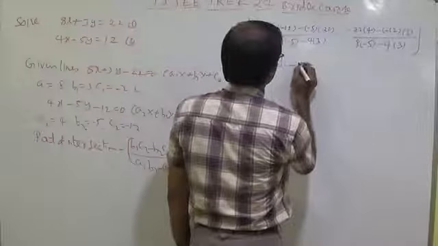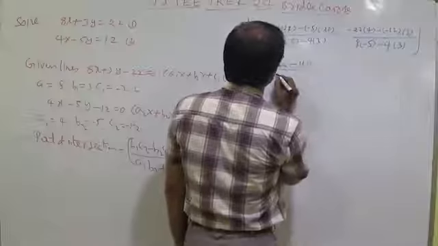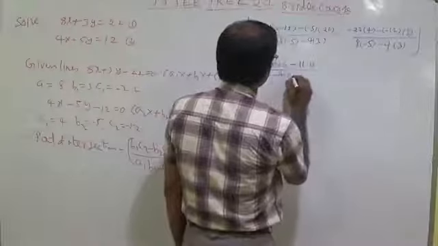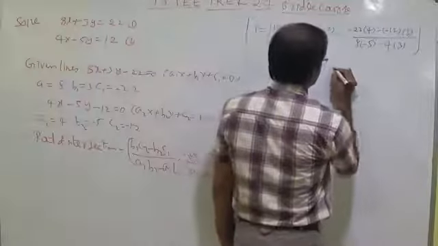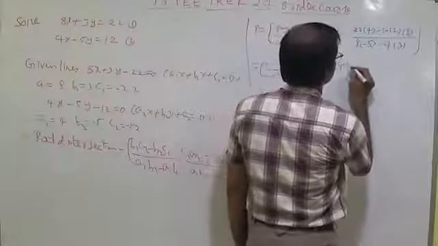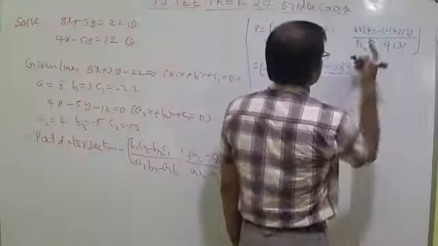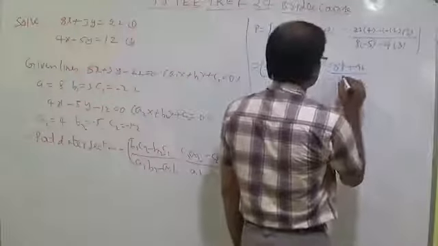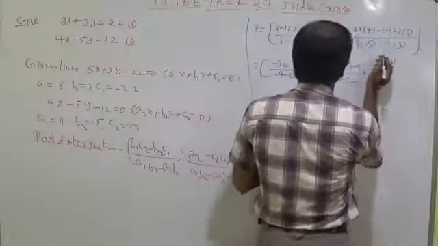This is minus of minus of minus 5 into 22 equal to 110, by minus 40 minus 12, comma, this is minus 88 plus 96. Minus of minus becomes plus. This is minus 40 minus 12.